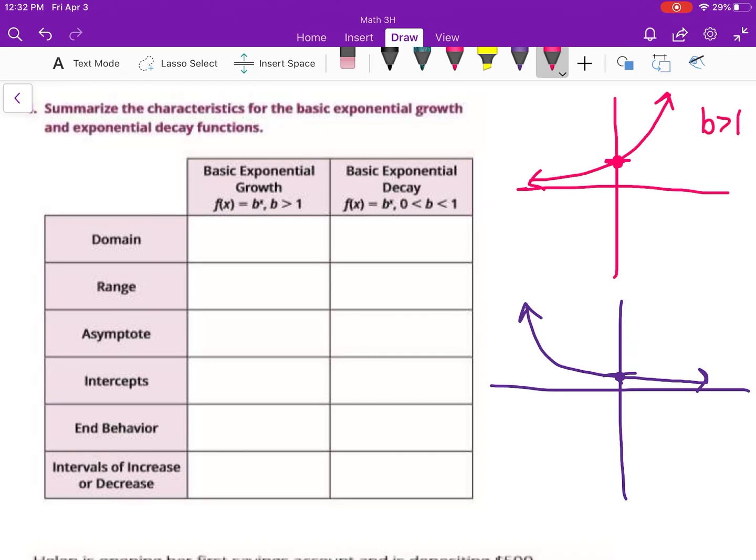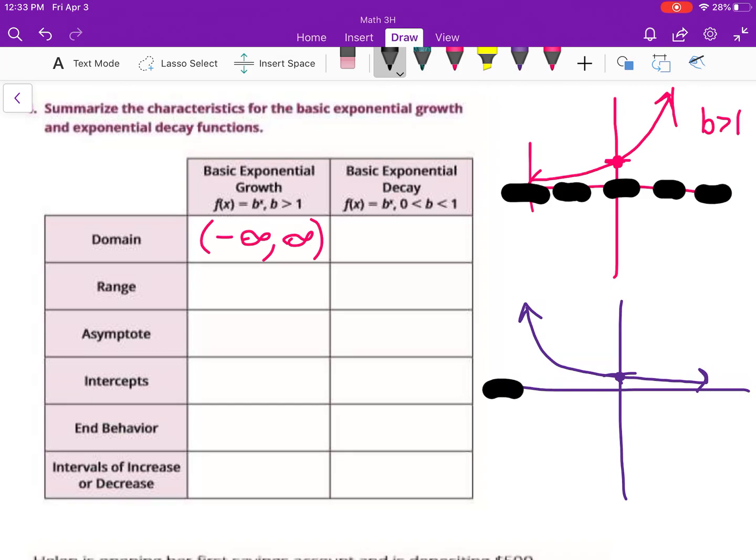This is where our b is greater than 1. In terms of our domain, you should be able to look at it and see that from left to right, we're going from negative infinity to infinity. For the range, bottom up, remember, the x-axis is not being touched. That's an asymptote.